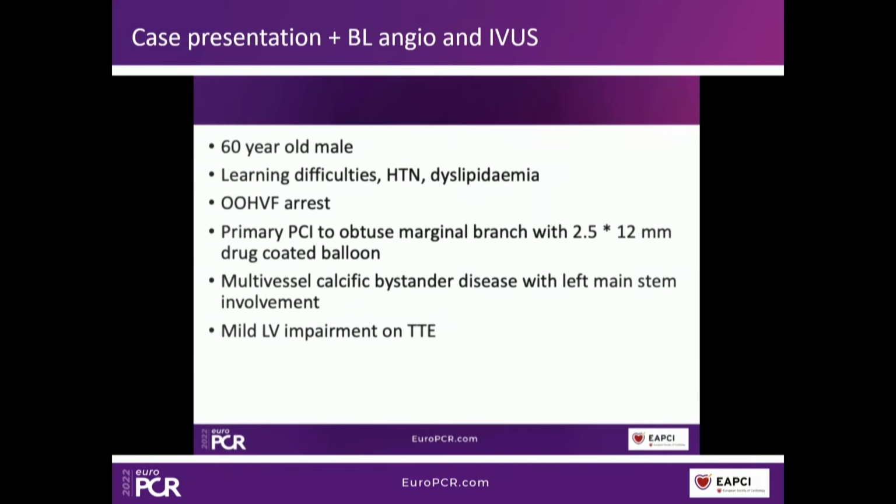As you'll see, he has severe calcific multivessel bystander disease with left main stem involvement. His LV ejection fraction on echocardiogram is mildly impaired at 45 to 50%, and he was discussed at a multidisciplinary team meeting and was deemed not to be a surgical candidate following surgical review.